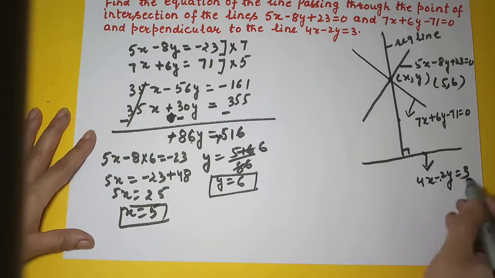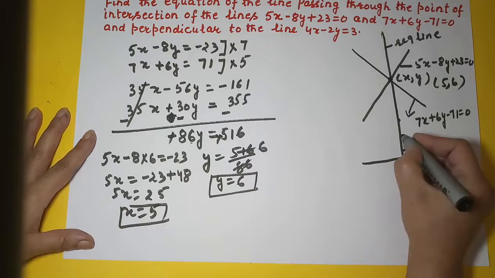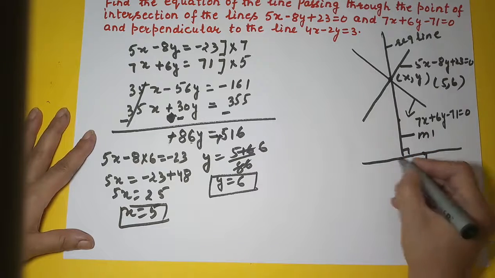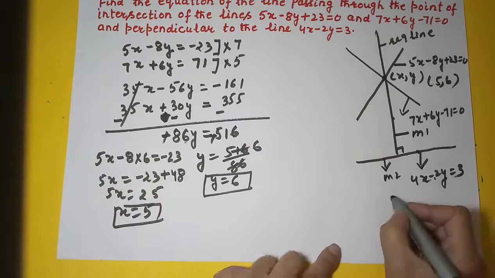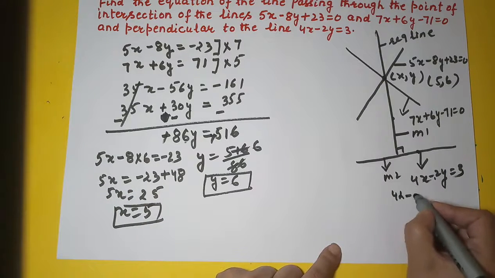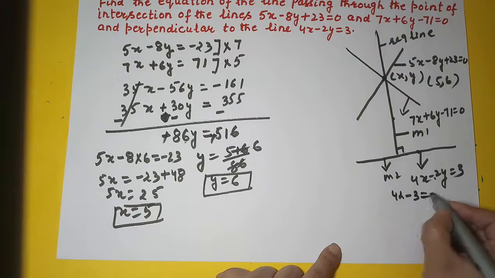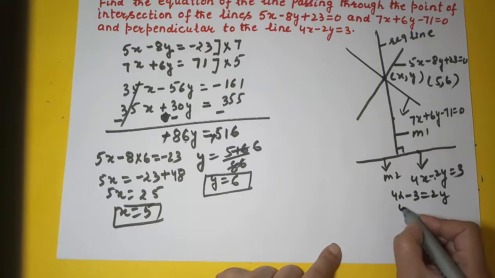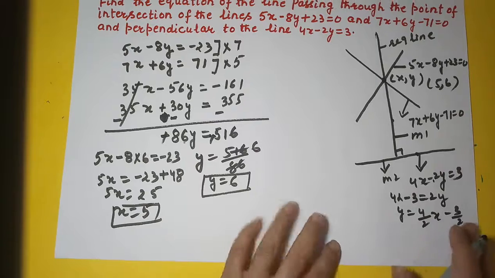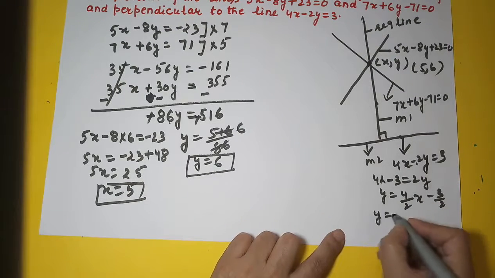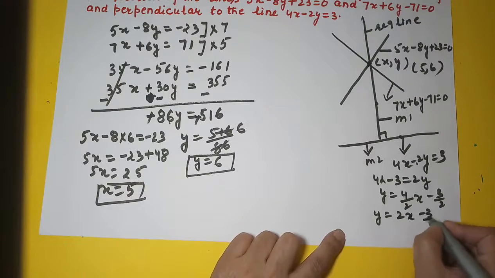Now I will calculate the slope of this line. Let the slope of the required line be m1 and the slope of the given line be m2. So 4x minus 3 is equal to 2y. So y will be 4 by 2 x minus 3 by 2. So your y will be 2x minus 3 by 2.